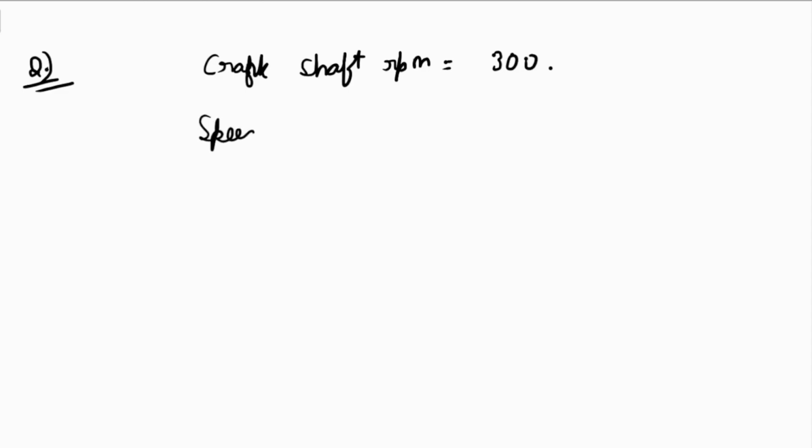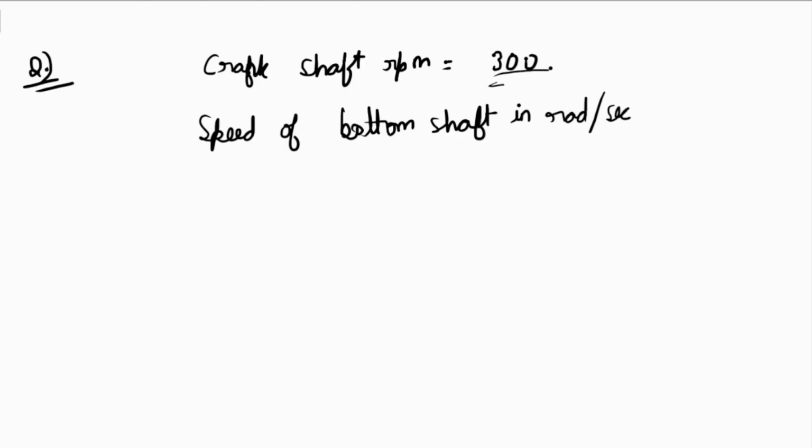How will we calculate it? The speed of the crankshaft is 300, so for the bottom shaft it would be 300 by 2. It is 150 per minute. And for minute, conversion into radian.